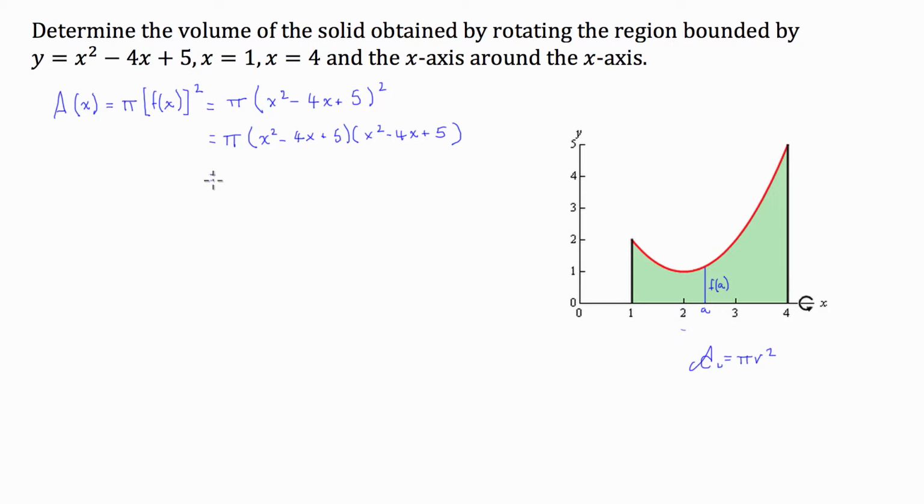If you do this expansion, you're going to end up with pi times, obviously it's a quartic, x to the 4 minus 8x cubed plus 26x squared minus 40x plus 25.